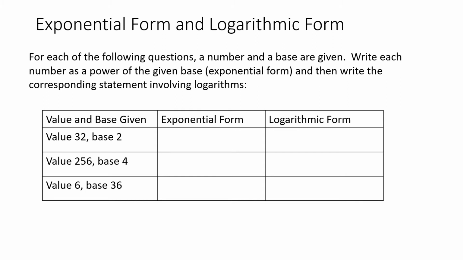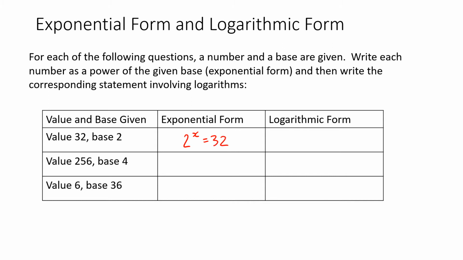Okay, so let's look at the first example. We have a value of 32, and the base is 2. So we know in exponential form, 2 to some exponent x is equal to 32.